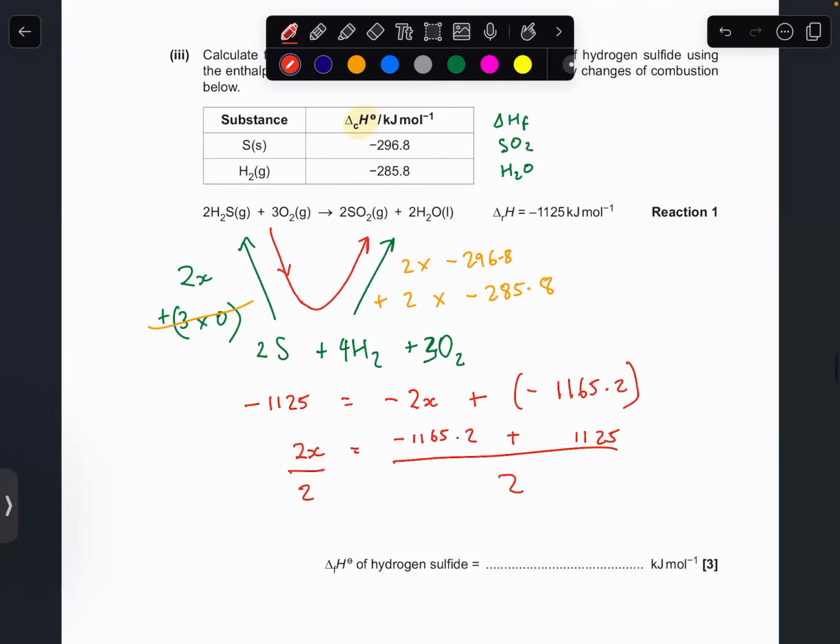The answer is minus 40, wait a minute, plus 1125. Yep, and then divide that by 2. That gives you minus 10.05.